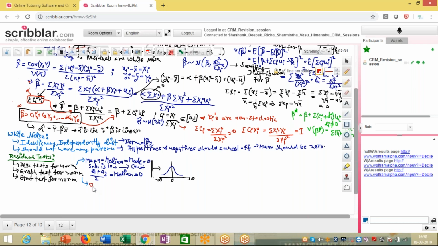We have the quantile plots. The next is percentile plots.